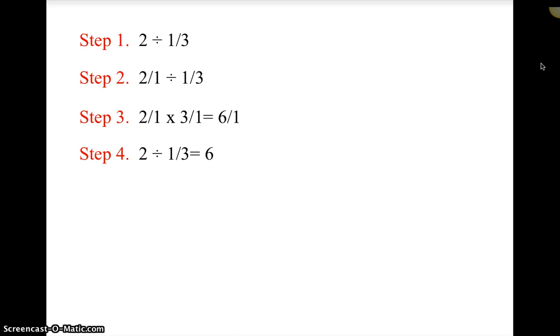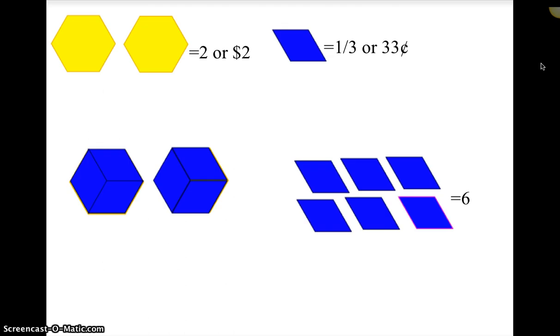Our fourth step would be to write the original problem out, which would be 2 divided by 1/3, which is equal to 6 over 1, which is an improper fraction. And let's change that into a mixed number, which would be equal to 6. Let's look at this same problem using pattern blocks.